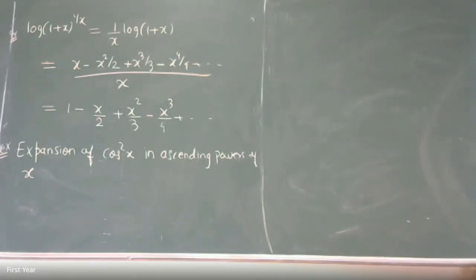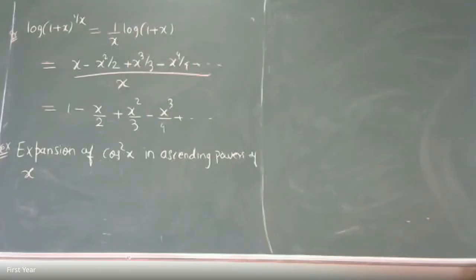Try this one, some of you all. Ma'am, we can use Maclaurin's theorem in this. So you're going to write f of x is cos square x, and then you're going to find the derivatives, you're saying.